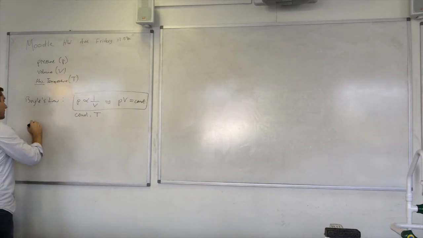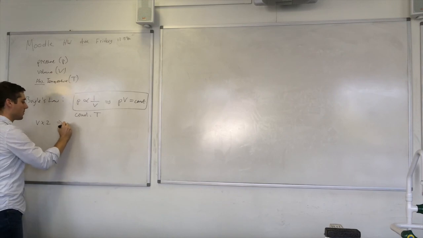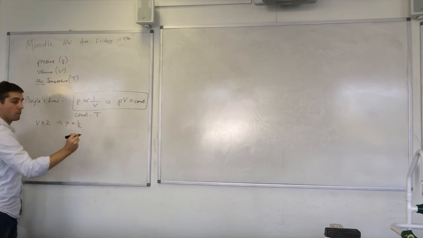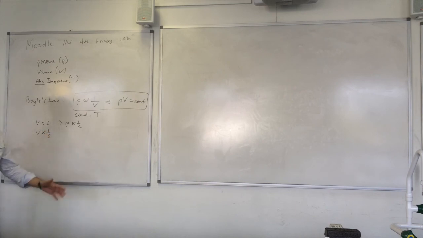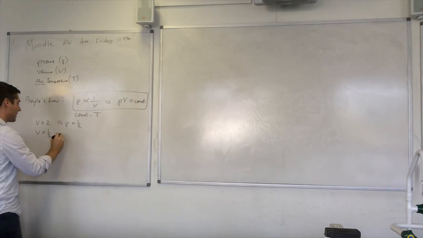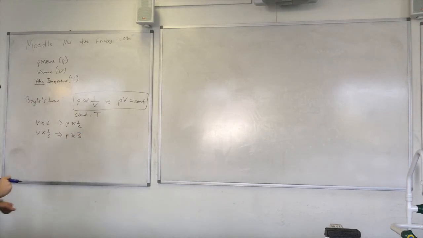That means that if volume of the gas is doubled, then pressure will be halved, or if the volume was decreased to a third of the initial, then pressure will be tripled. Okay, Boyle's law.